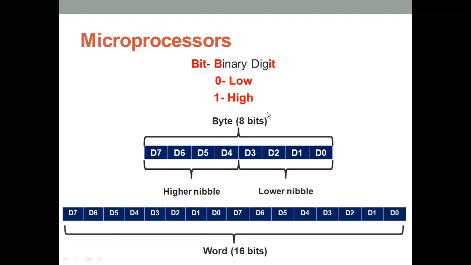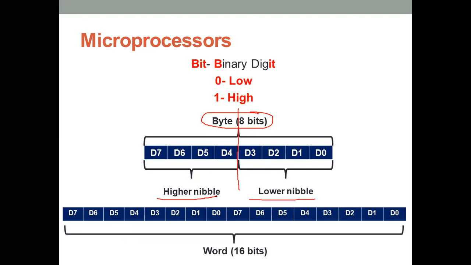The number of bits is 8, and it forms 1 byte. If we segregate these 8 bits into 4 and 4, the lower 4 bits are called the lower nibble and the higher 4 bits are called the higher nibble.